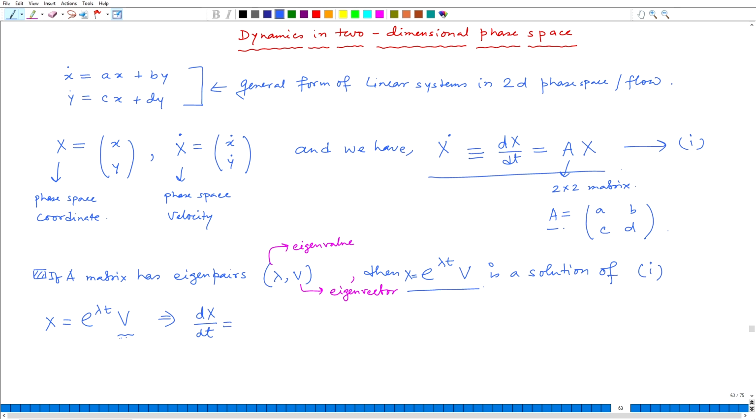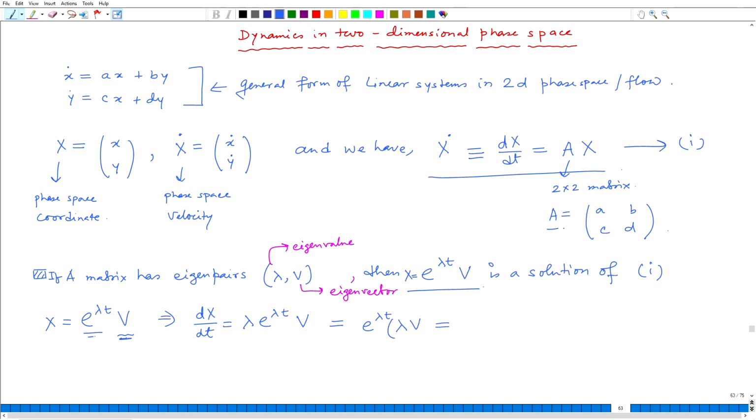This is a function of the phase space coordinates, so the only time dependence comes from this term. So, it will be lambda times e to the power lambda t times v. Lambda is just a number, so I can write e to the power lambda t, lambda times v.